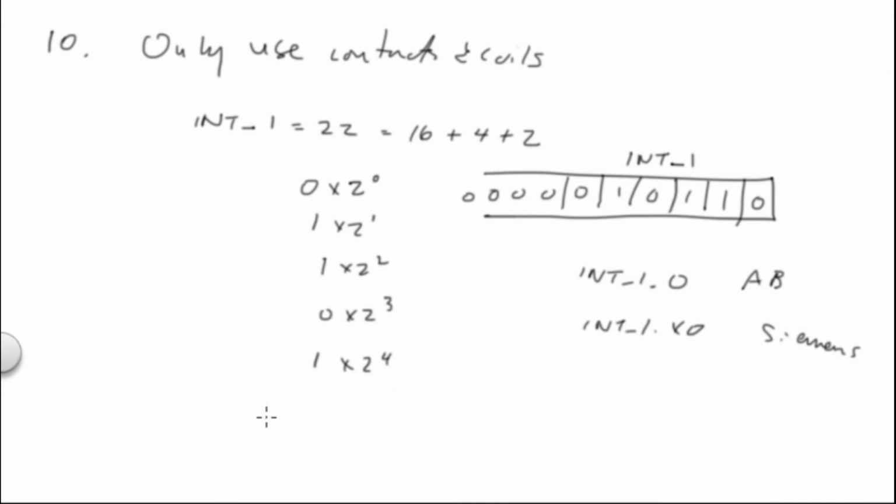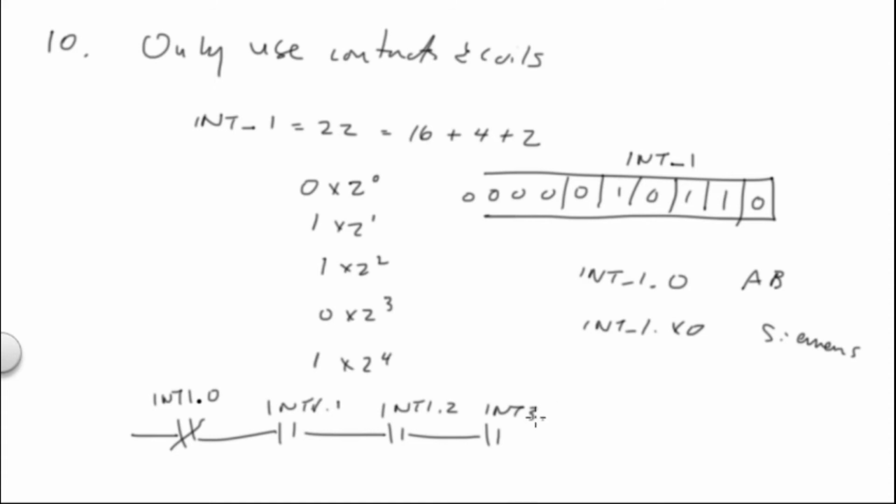So I write a string of bits: int 1 dot 0 normally closed, int 1 dot 1 normally open, int 1 dot 2 normally open, int 1 dot 3 normally closed, int 1 dot 4 normally open, and the rest of them normally closed. That would give me my answer.